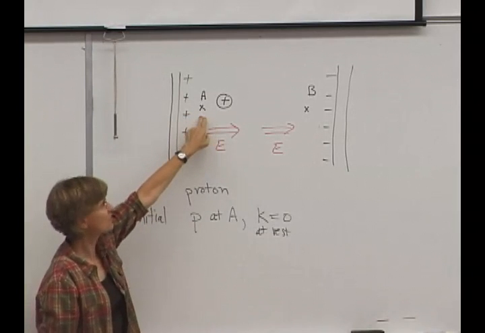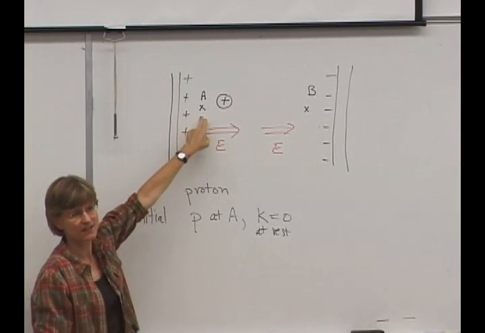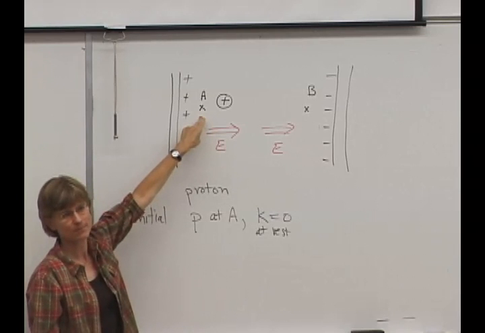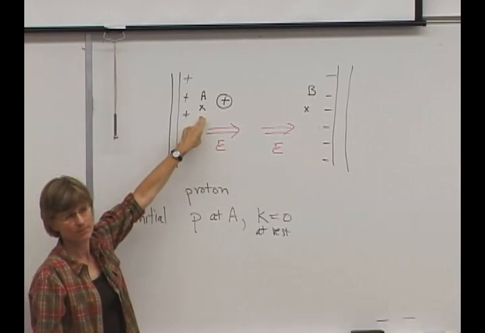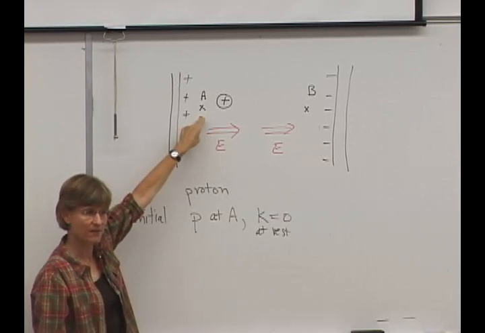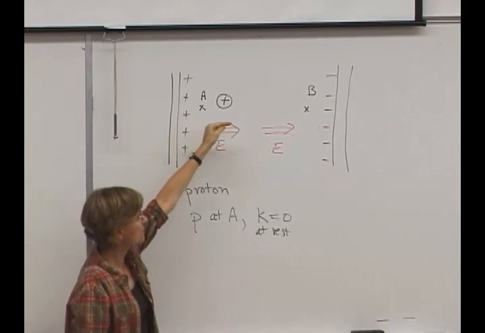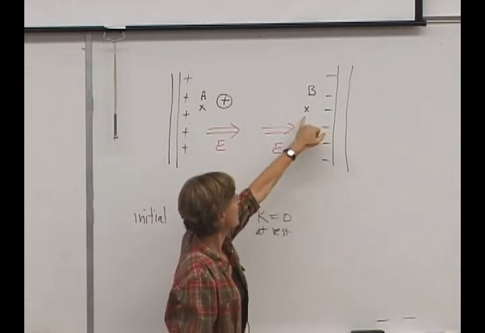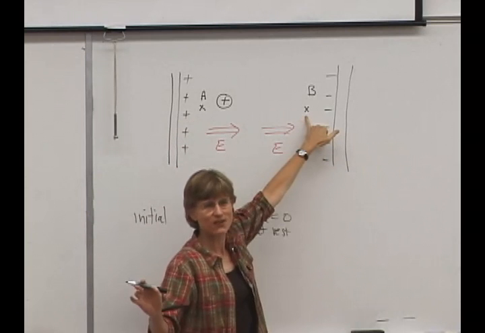Okay, so I put this proton at location A, and I let go of it, and what's going to happen? Is there a force on the proton? Yeah. And so it's going to move toward B, picking up speed, picking up speed, picking up speed. And when it gets to B, we're going to say that's our final situation.